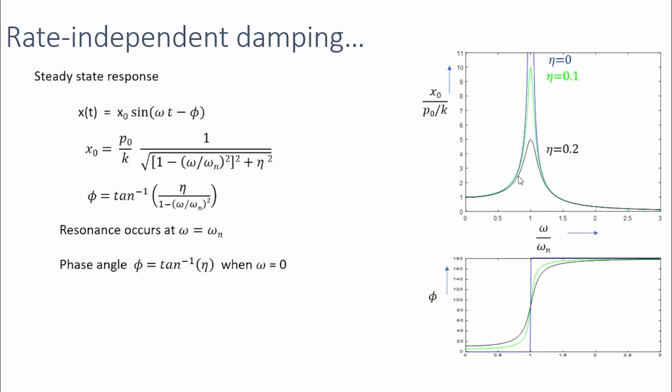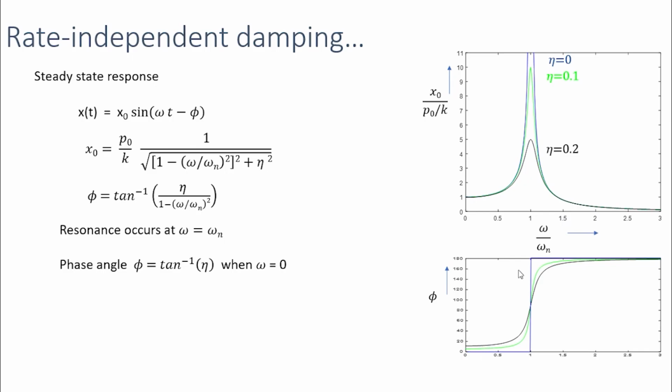In that case, when omega is equal to omega n, the response grows unboundedly, so it's very large. And when eta is equal to 0.1 and 0.2, the amplification at omega by omega n is finite, and the amplitude reduces as the damping increases. This is similar to when we considered viscous damping also. As the damping increases, the amplitude decreases.